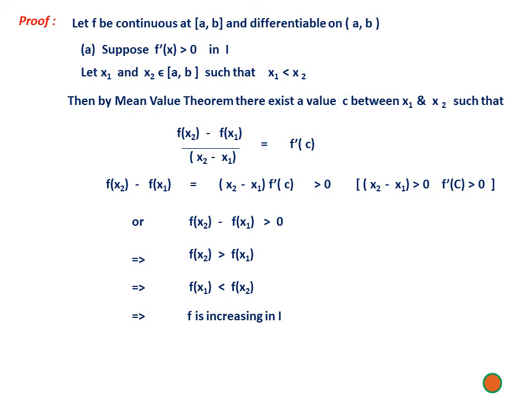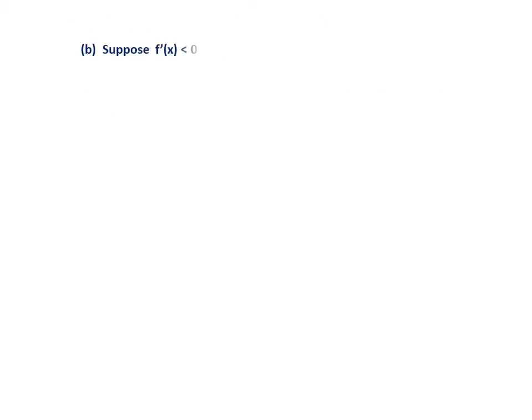Exactly the same way we can also show that if f dash x is negative, then the function is decreasing. Second case: suppose f dash x is negative in I, then let us take x1 and x2 belonging to the closed interval AB such that x1 is less than x2.